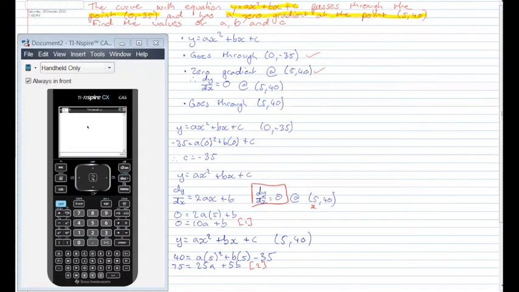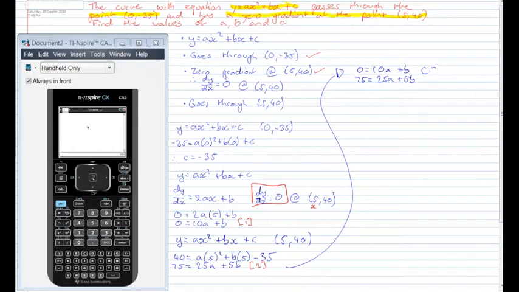I'll just come up to the top part of the page now. You have equation 1, 0 is equal to 10a plus b, and equation 2, 75 is equal to 25a plus 5b. Now, I like to always try and do the substitution method if I can.